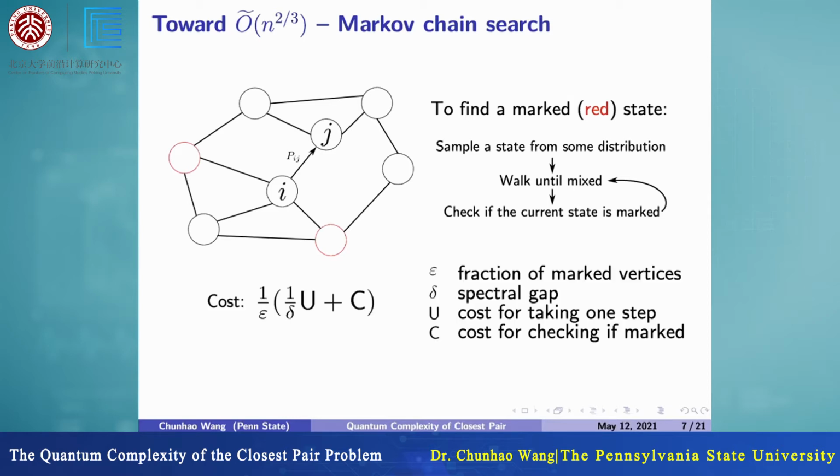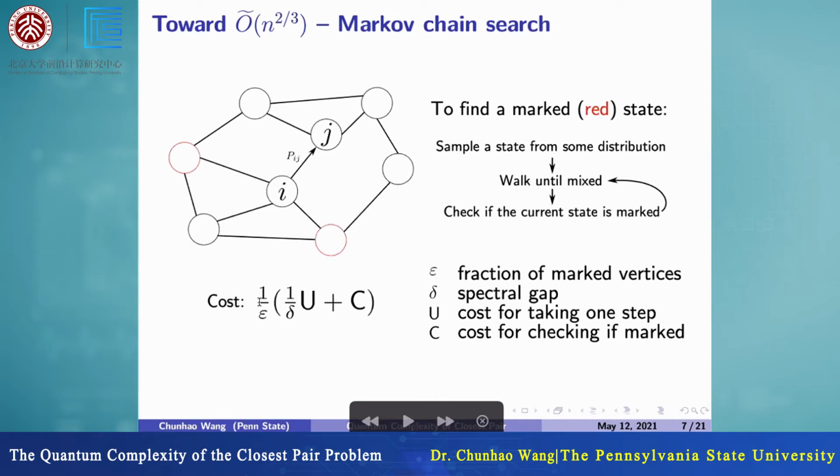It's given by this formula. Let me explain the parameters. Here, epsilon is the fraction of marked vertices. Delta is the spectral gap of the Markov chain, U is the cost for taking one step, and C is the cost for checking. Basically 1 over delta is roughly the number of steps you need to take until you get mixed, and 1 over delta times U plus C is the cost for walking until mixed and checking.